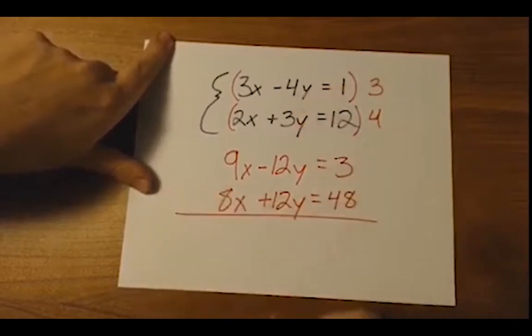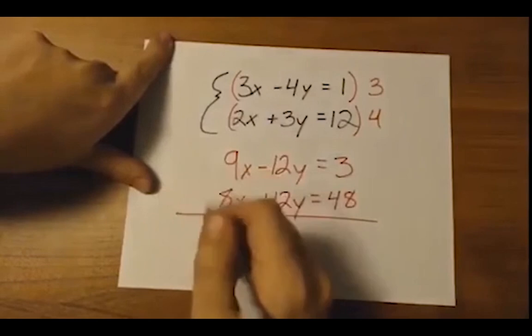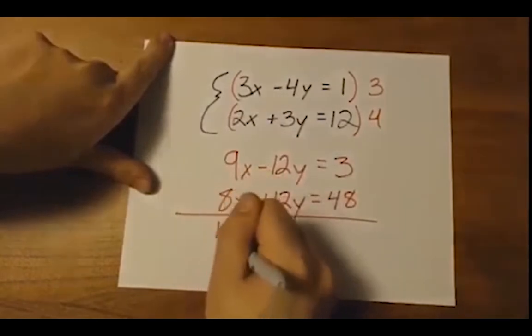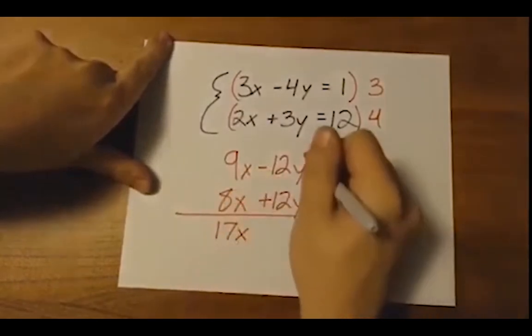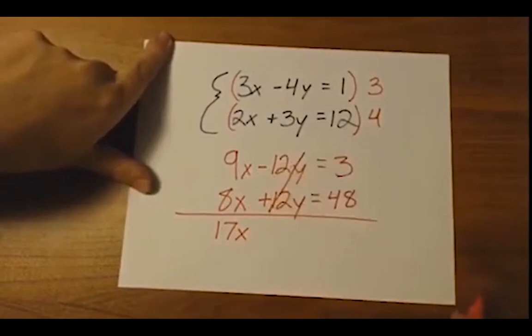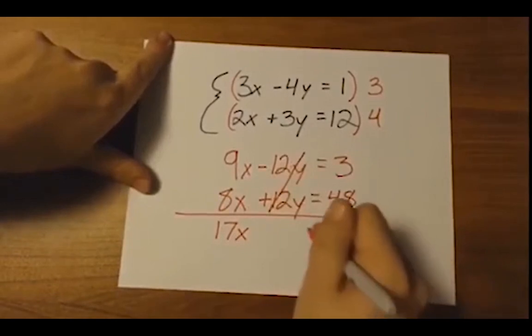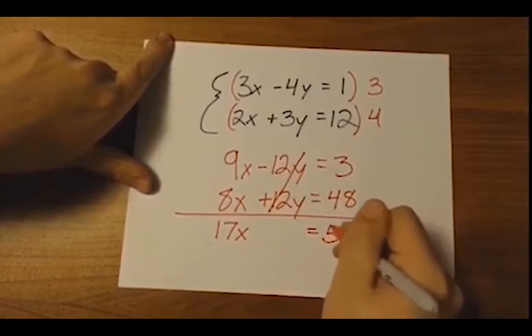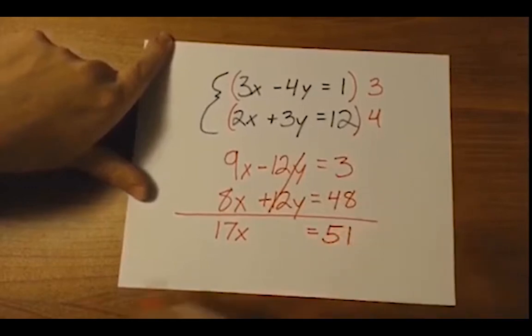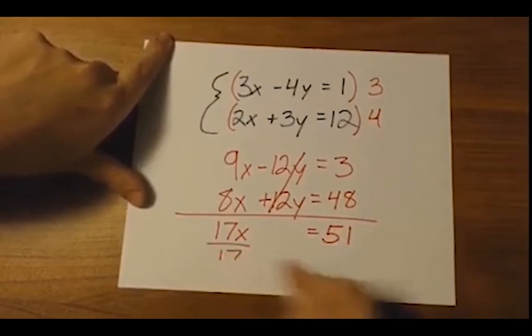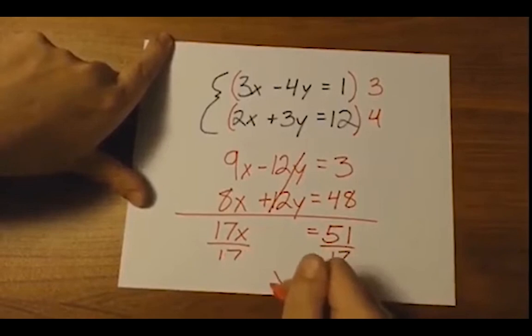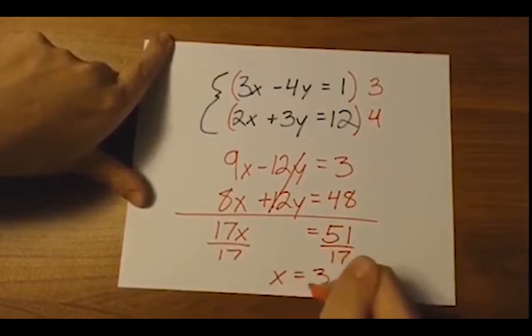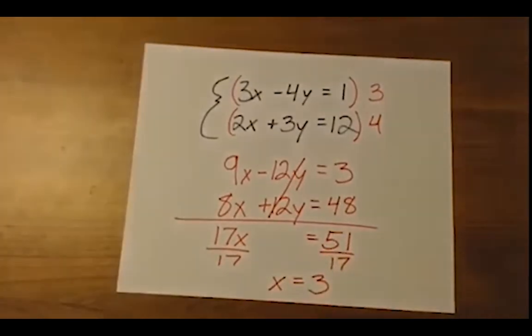Now, let's add down. 9x plus 8x is 17x. Negative 12y plus 12y cancels. 3 plus 48 is 51. Divide both sides by 17, and we get x equals 3.